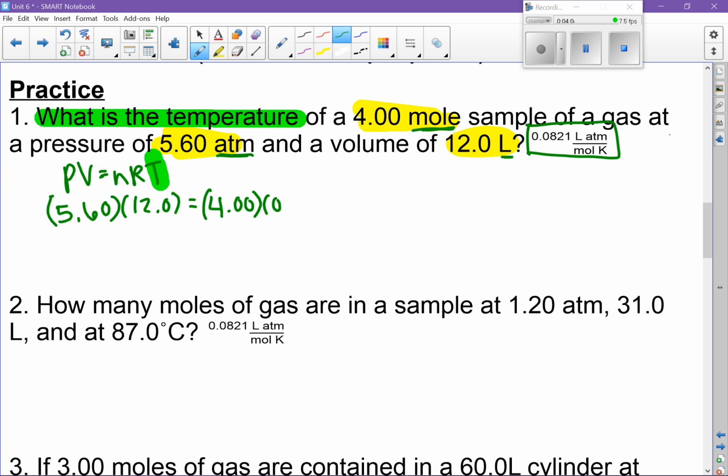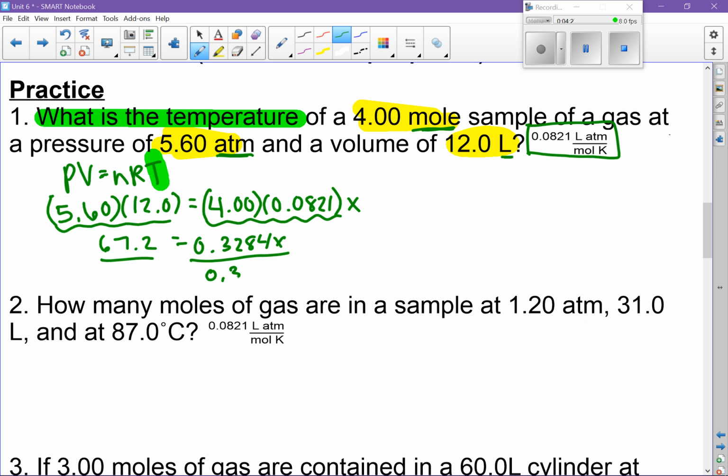All you have to do is put it into this math. And then the last piece, T, is where the x goes. Then we're just going to solve. Multiply these two numbers together, I get 67.2 equals. Multiply these two numbers together, and I get 0.3284x.